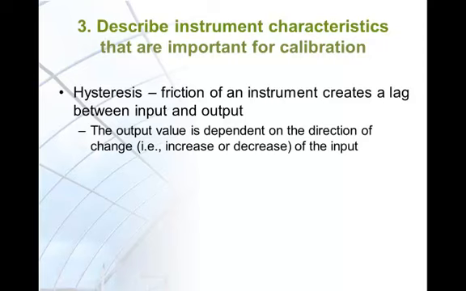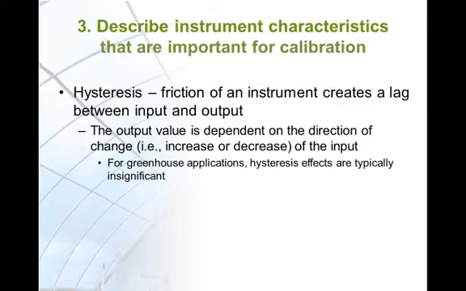On the next slide, we will graphically demonstrate how this delay makes output value dependent on the direction of change of the input. You will be able to visualize that because of this dependence, a single input value can yield two different output values depending on whether the specified input was reached by increasing values or decreasing values.